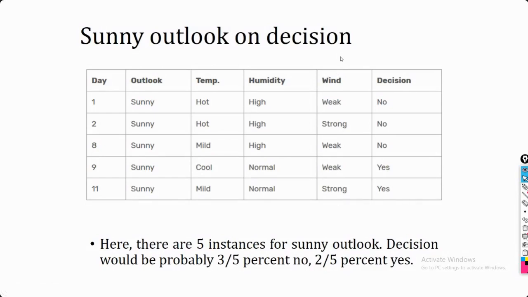Next important thing: in the previous calculation, the gain we calculated for your data set considered total instances. Total instances were 14, so out of 14 we counted positive and out of 14 we counted negative. That's why it was 9 divided by 14 log base 2 of 9 divided by 14, plus 5 divided by 14 log base 2 of 5 divided by 14.